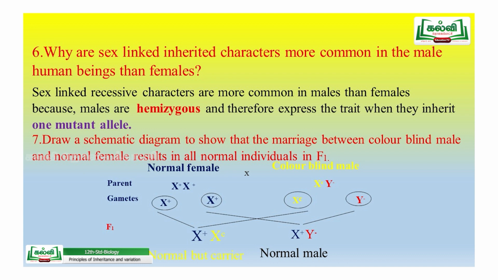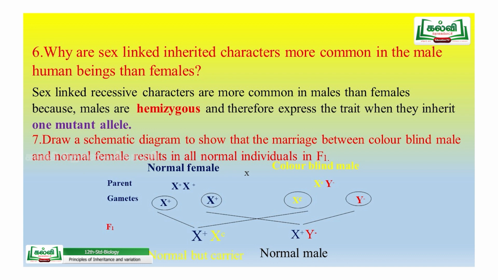Draw a schematic diagram to show the marriage between a colorblind male and a normal female which results in normal individuals in the F1 generation. In the flow chart, the normal female will have the XX chromosomes and the colorblind male will have X^C and Y. X^C is the X chromosome carrying the colorblindness gene.